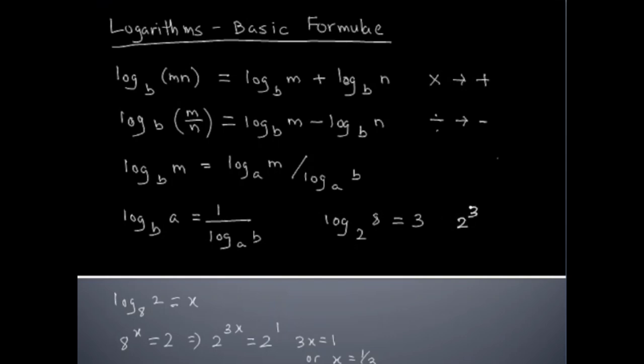Because 2 to the power 3 equals 8. Now, if we have 1 by log base 8 of 2 equals, now the value has been found below, x is 1 by 3, and 1 by 1 by 3 translates into 3. So this here is verified. I hope it is well understood.